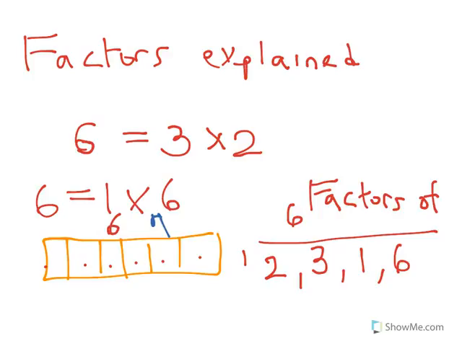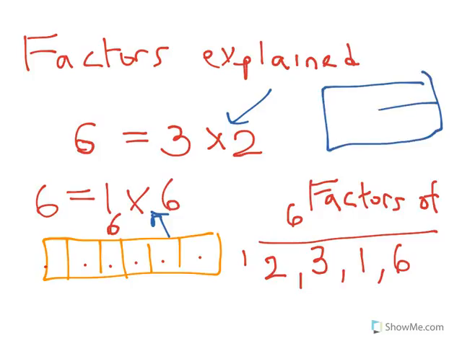And then for this one here, it's going to be like this. 1, 2, 3, so that's 3 wide, and then 2 high. So that's what that equation is going to be right there.